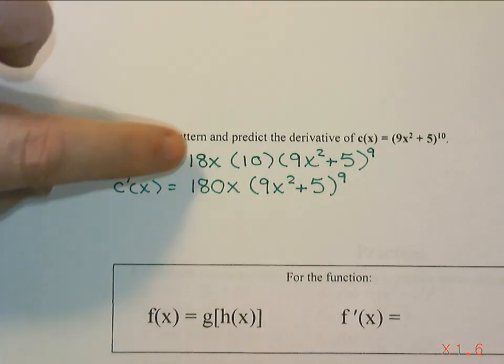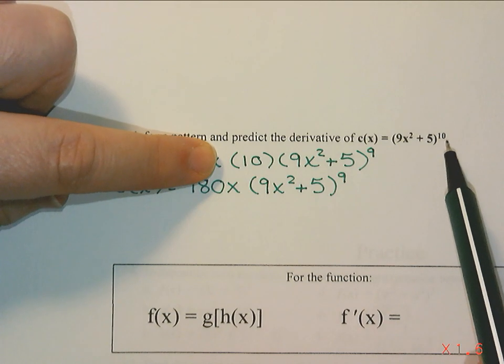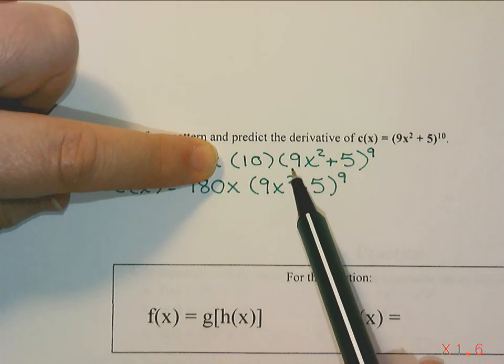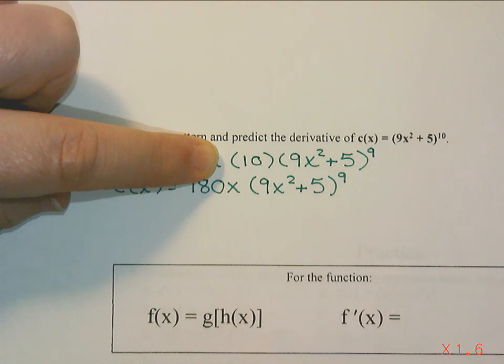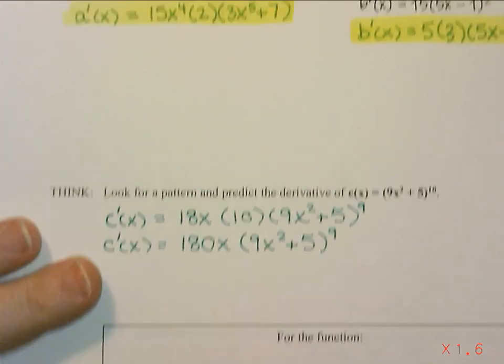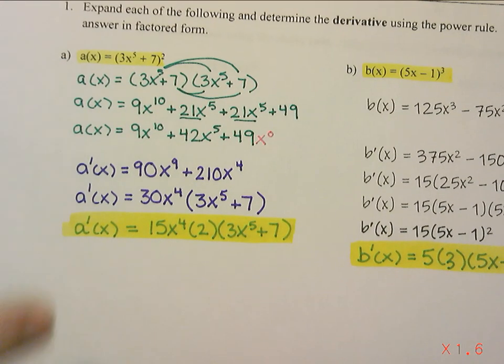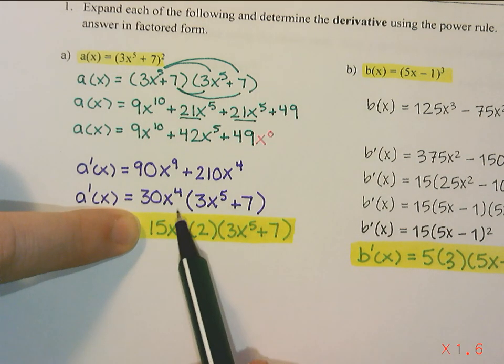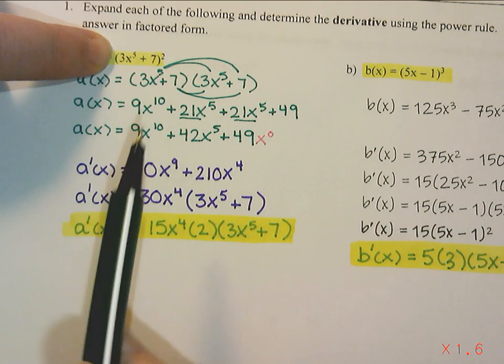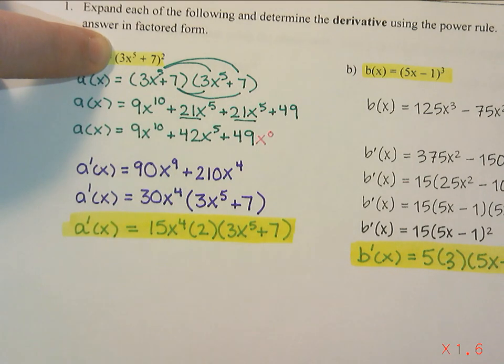Actually, the second part, I looked at (9x squared plus 5) to the 10, so I said it should be (9x squared plus 5) to the 9, and then we would have multiplied by 10 there. And then I also stopped to figure out where this was coming from. So the 15x to the 4 is actually the derivative of 3x to the 5 plus 7.